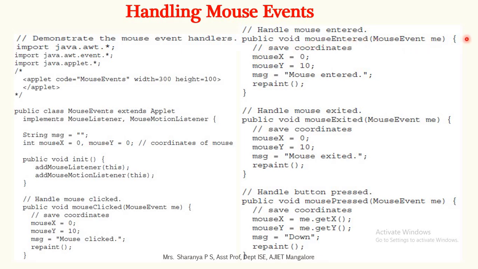MouseEvent me, and we are saving the coordinates, and then the message that gets displayed is mouse entered. And then if the mouse is exited, we are using public void mouseExited, and the same coordinates are saved. Then mouse exited will be the message it displays.